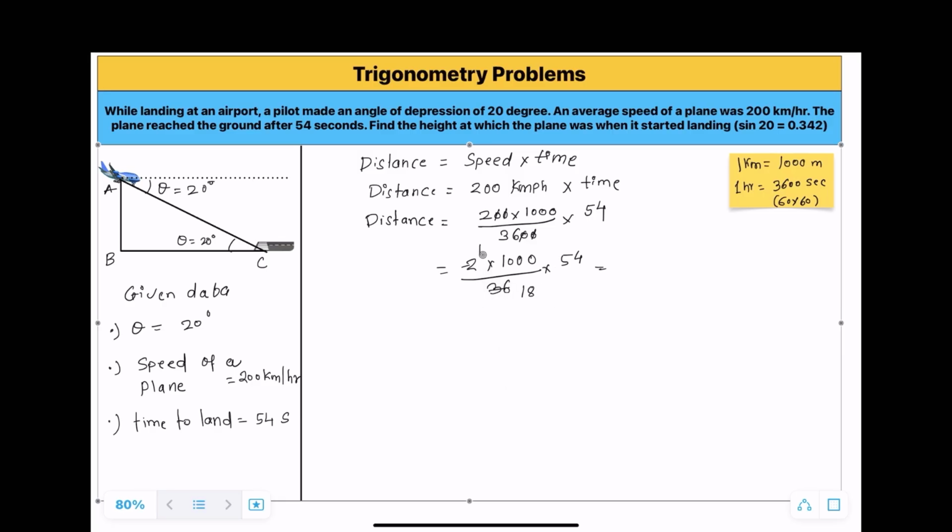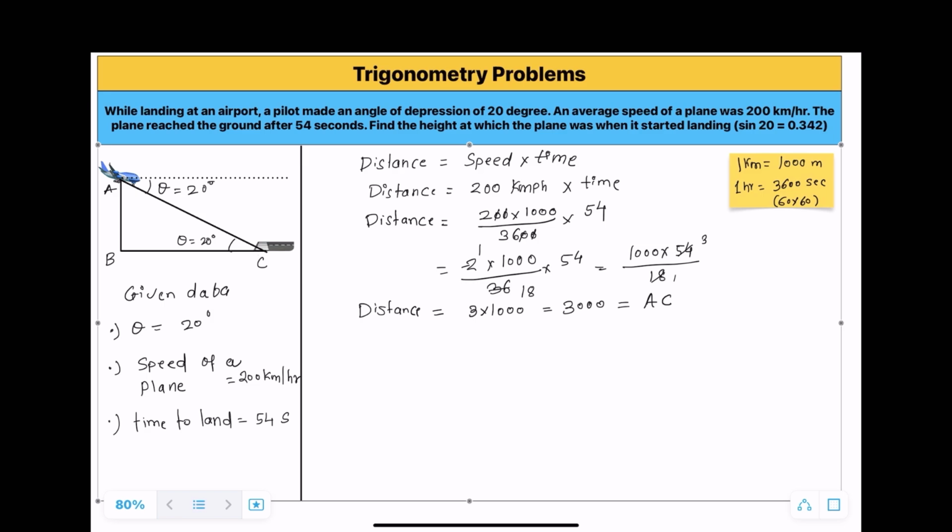Simplifying it further, 2 ones are 2, 18 twos are 36, so we get 1 upon 18 into 1000 into 54, which is nothing but 1000 into 54 upon 18. Simplifying it further, 18 threes are 54. 1000 into 3 divided by 1, which is nothing but 3 into 1000, which is 3000. Now this 3000 meters is the distance of AC.